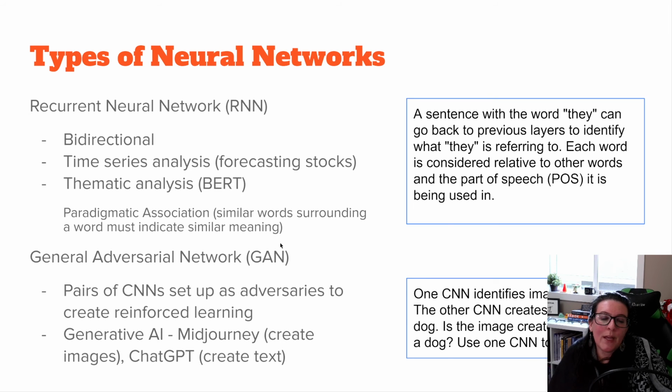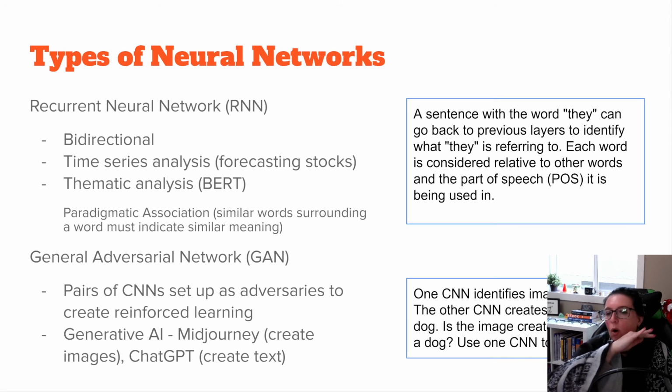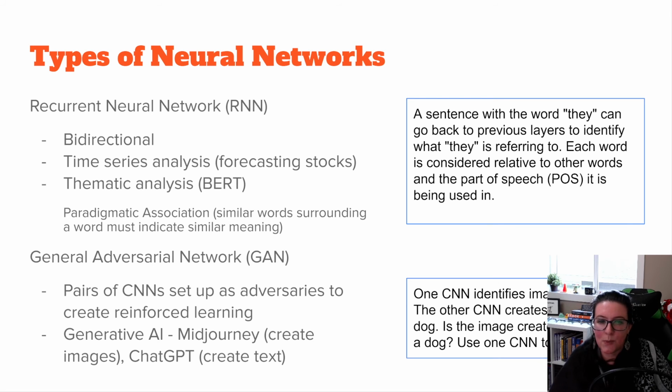In comparison, we can look at recurrent neural networks. So recurrent neural networks are bidirectional, which means that we don't have to go all the way through before we update the hyperparameters and then go through it again to improve it. It is bidirectional so that you can go back to those hidden layers and update information, which means it can be used for themes. We talked before about BERT, and so that would be a recurrent neural network.